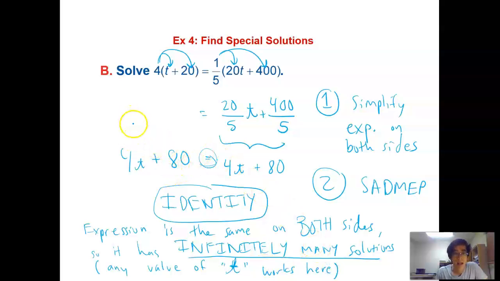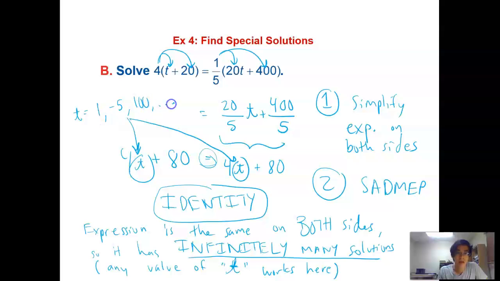So if I plugged in, let me go here, t could equal 1, it could also equal -5, it also could equal 100, and so on, and no matter what number I plug into t, it's always going to be the same on both sides, because it's always going to be multiplied by 4 and added by 80, okay?